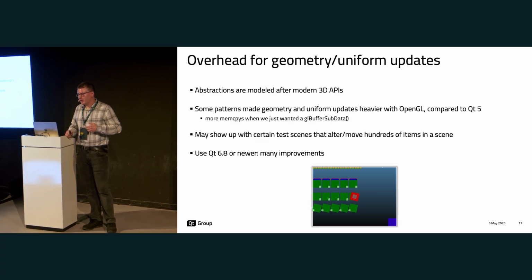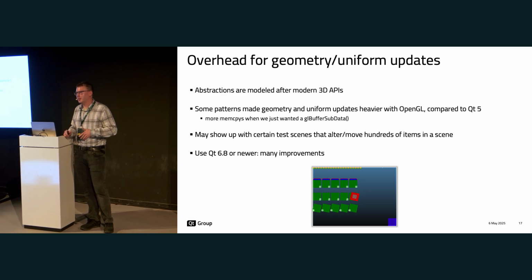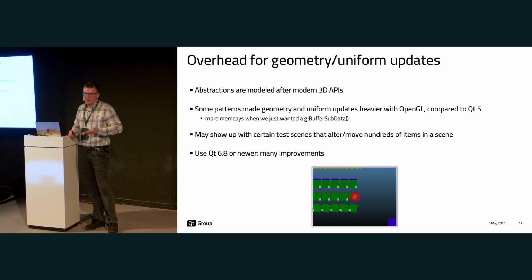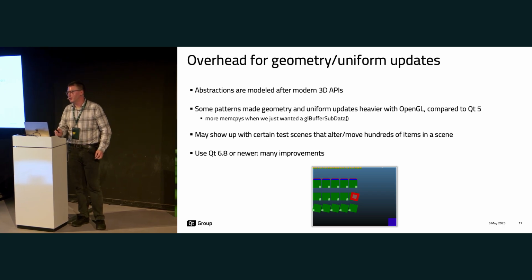The good thing here is that last year quite a lot of improvements were made, which is why the recommendation is to try to use Qt 6.8, that's the current LTS, or newer, because it has a number of improvements, especially when you run Qt applications with OpenGL.